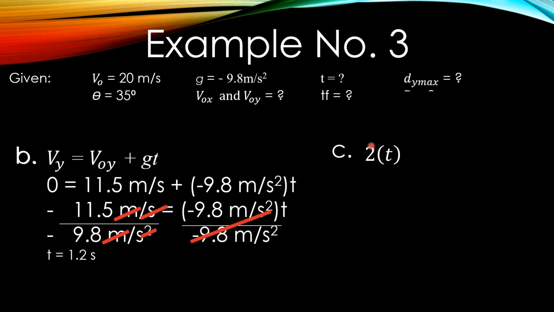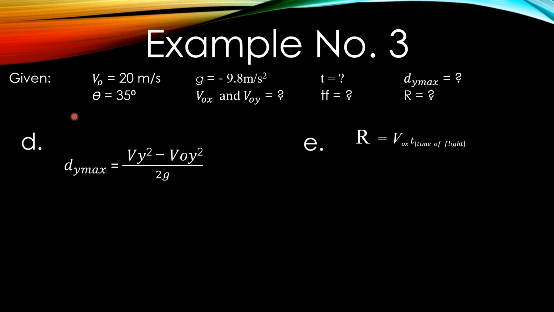Proceeding, let's look for the time of flight. In order to find the time of flight, we need to multiply the time by 2. 2 times 1.2 seconds, we have the product 2.4 seconds. Moving forward, let's look for the maximum height attained by the object.